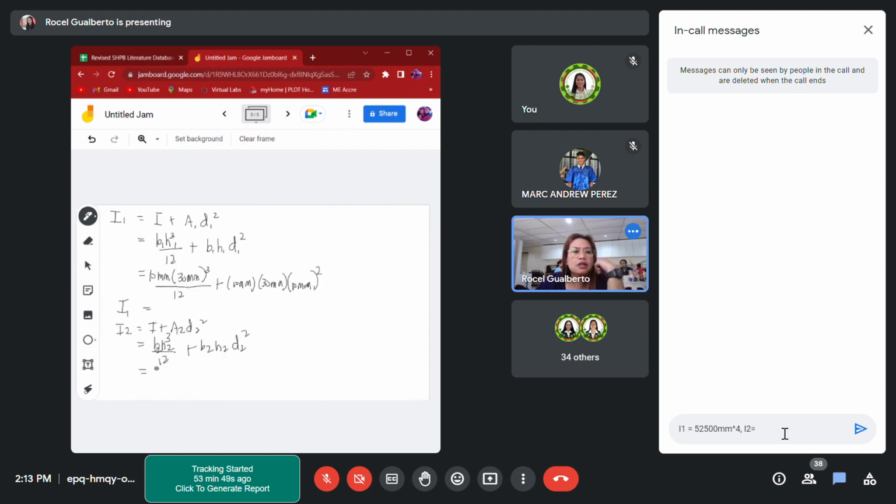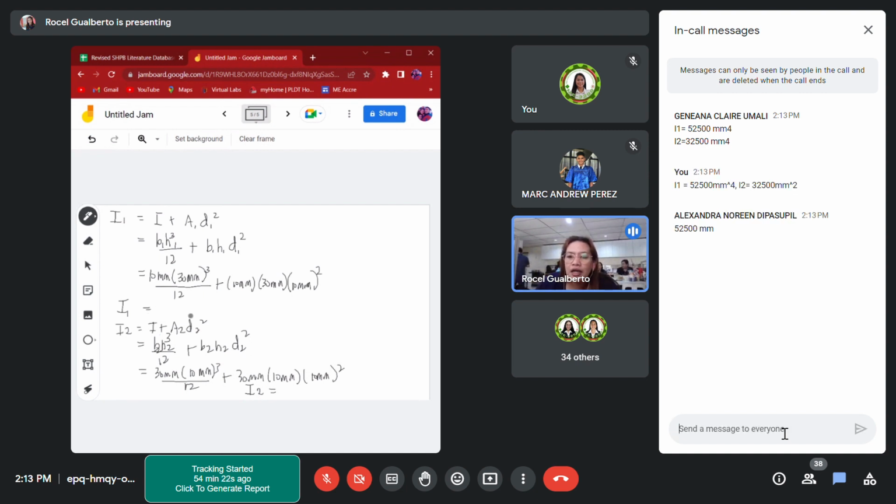So this is 30 mm, now there 10 mm cubed divided by 12 plus 30 mm by 10 mm, and B2 is also 10 mm, then squared. What is then the value? Compute I2. What is I1? What is the answer for the first one?